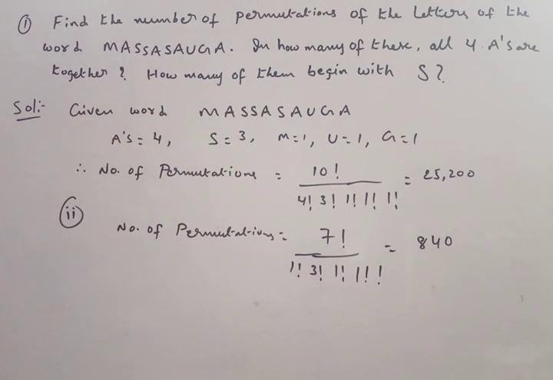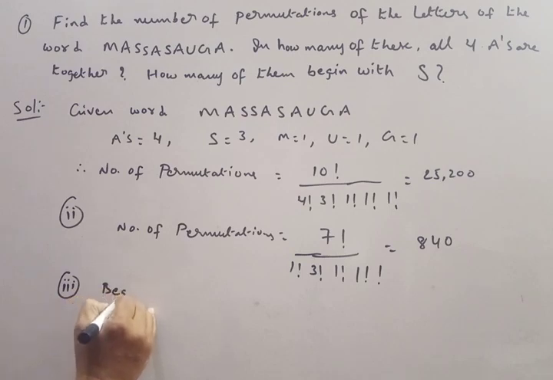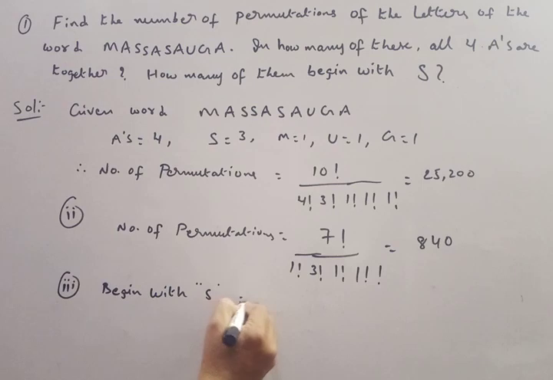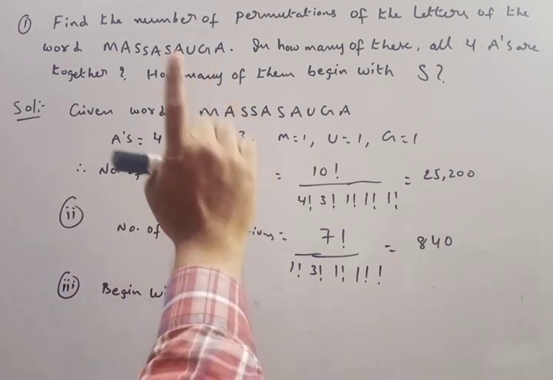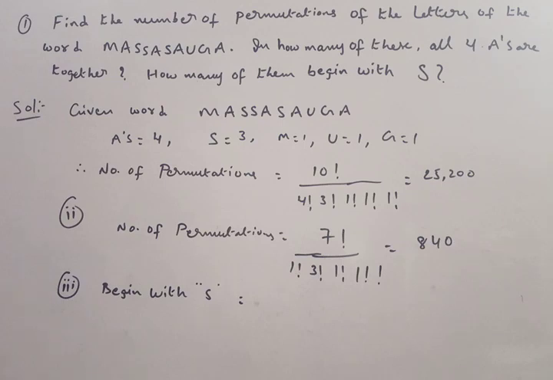Then the third bit: how many of them begin with S, he says, correct? That means total 10, no? So if I take the first one as S, remaining, how many total? 9 letters are there, correct?